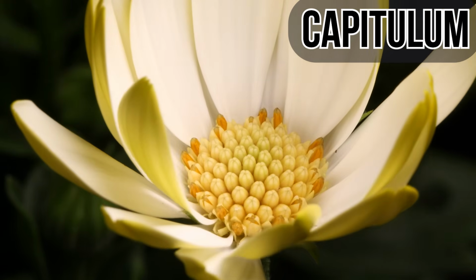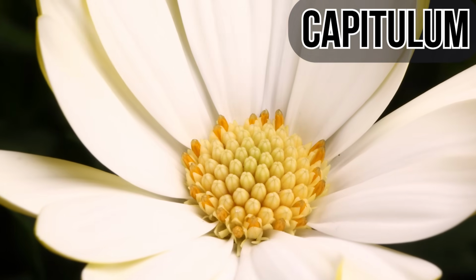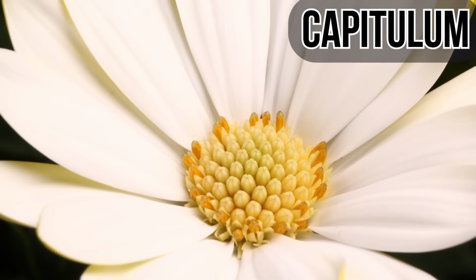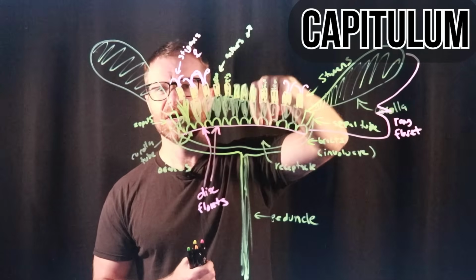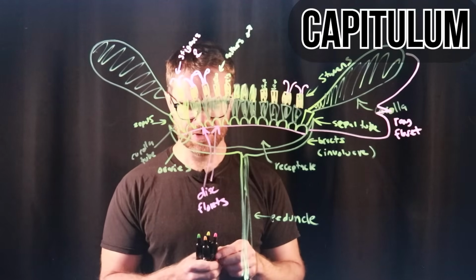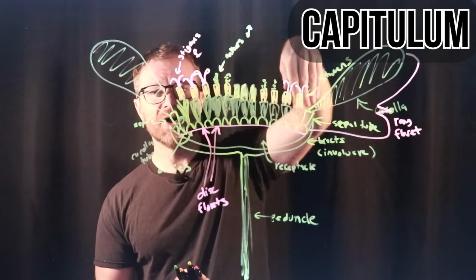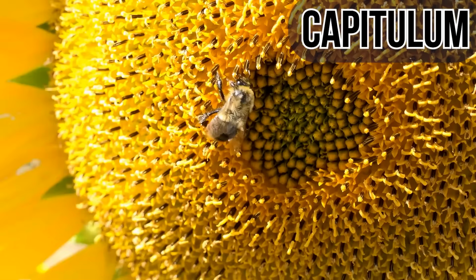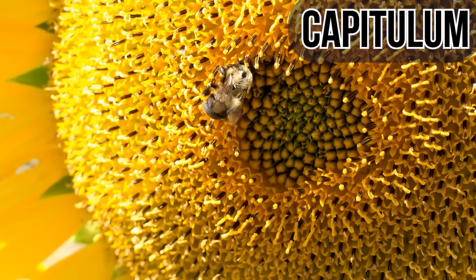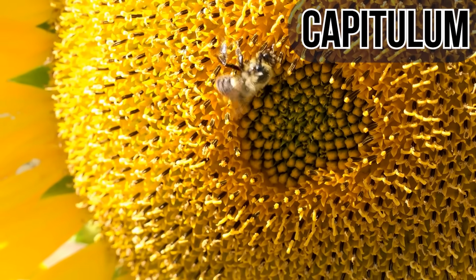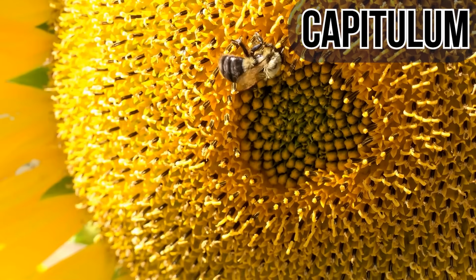So why not just have a flower? Why have an inflorescence that looks like a flower? Well, if this were a single flower, you could maybe get multiple ovaries pollinated, that sort of thing. Here, it's hundreds of individual flowers. So there's a great opportunity for pollen to find different stigmas.